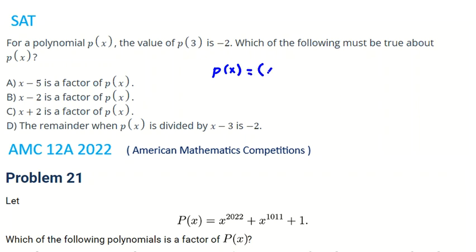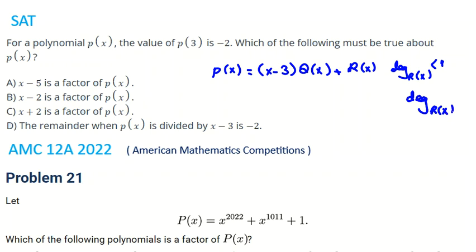Let's see why. Suppose I want to divide p of x by x minus 3. It will be this times q of x plus r of x. Because the degree of r of x is less than the degree of x minus 3, which is 1, the degree of r of x is 0, so it is a constant.